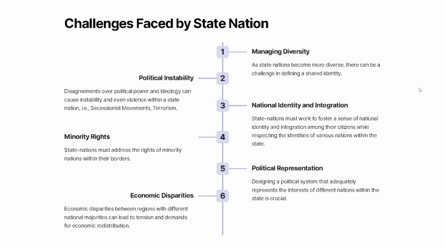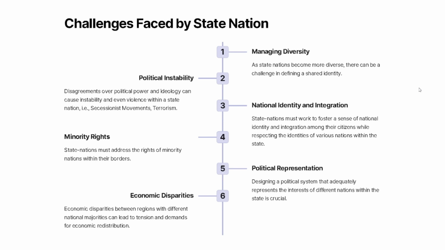Fifth challenge is political representation. It is the most important challenge, as it involves designing a political system that adequately represents the interests of different nations within the state. It is very crucial because when there is a minority, it is sometimes their constitutional right to have political representation to cater to or foster their interest on the global level.